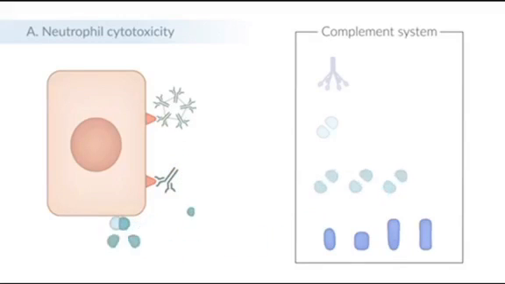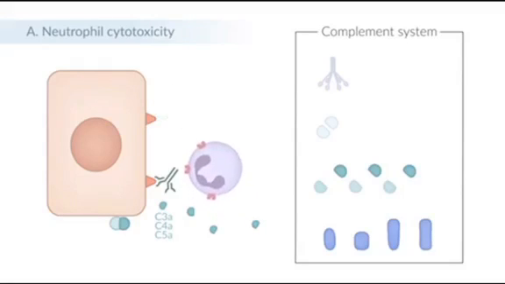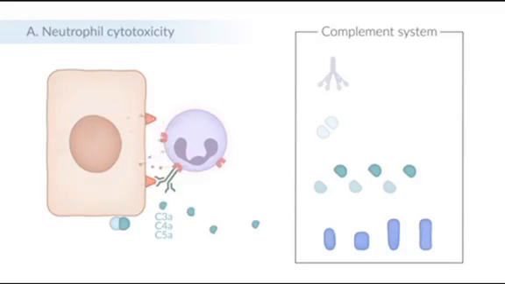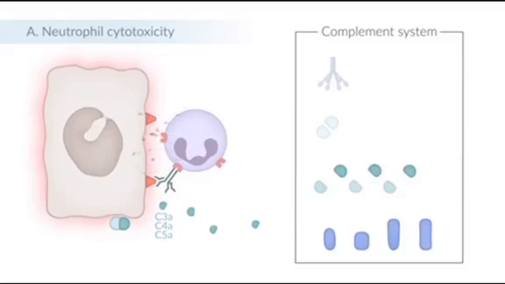These fragments are chemotactic, meaning they attract immune cells such as neutrophils, which bind to the antibody via Fc receptors present on their surface. These Fc receptors can detect and bind to the Fc portion of the antibody. After binding, the neutrophils generate aggressive substances such as reactive oxygen species. These substances cause cellular damage, inflammation, and eventually cell death.